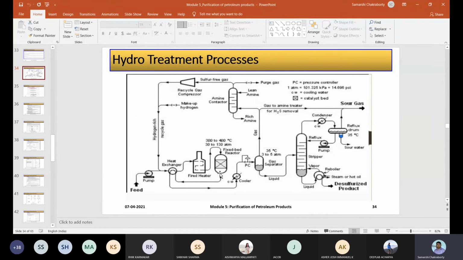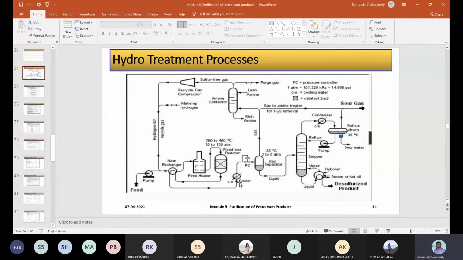From the bottom of the reactor, your product stream comes out, where other components are present, but the desulfurized products also remain in this stream. It passes through the heat exchanger, where your feed plus hydrogen is being heated, and then through this pressure controller, where the pressure is reduced from 30 to 130 atmospheres to 3 to 5 atmospheres.